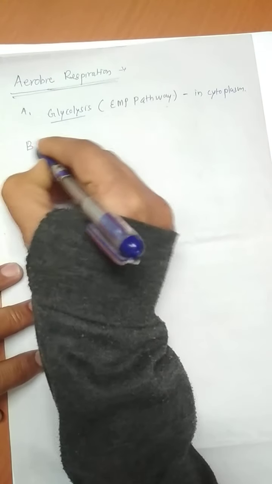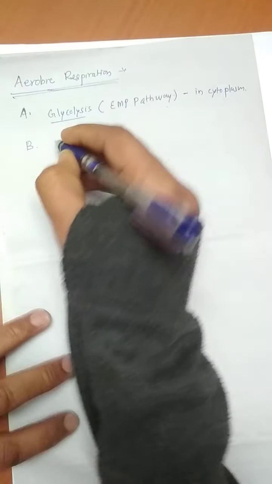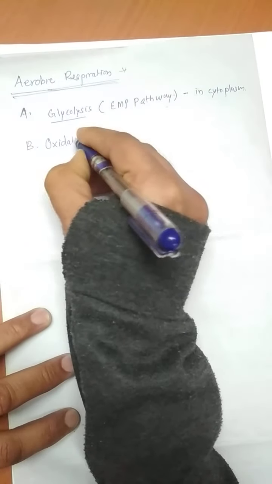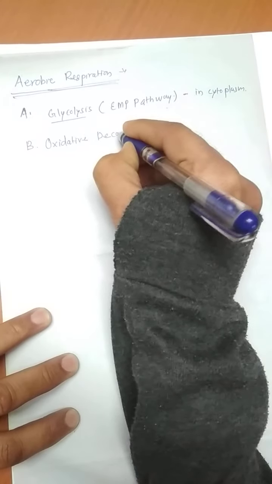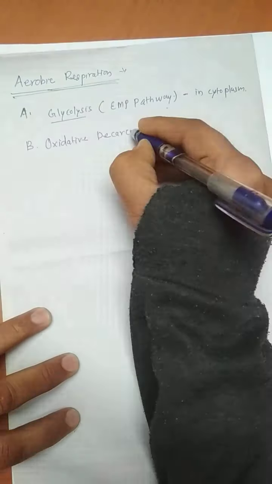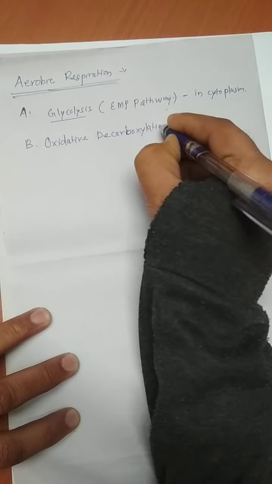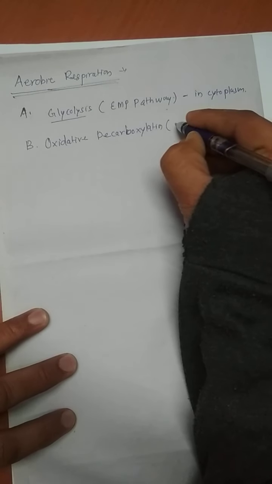Second one, number 2 or B, oxidative decarboxylation, also called the gateway reaction.